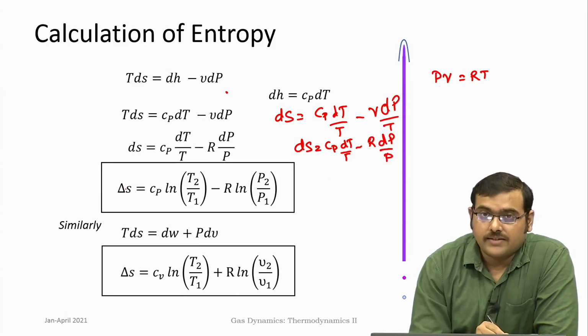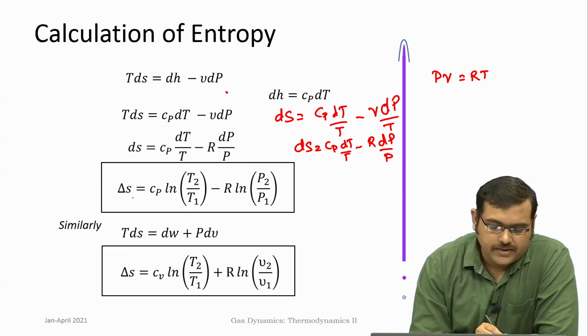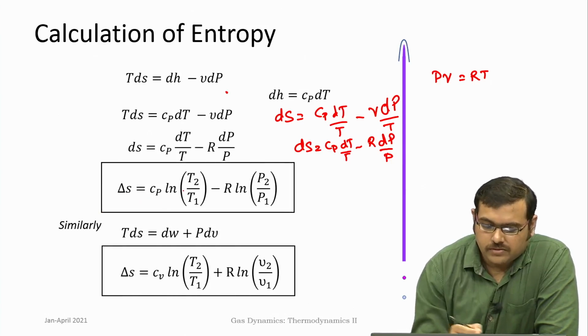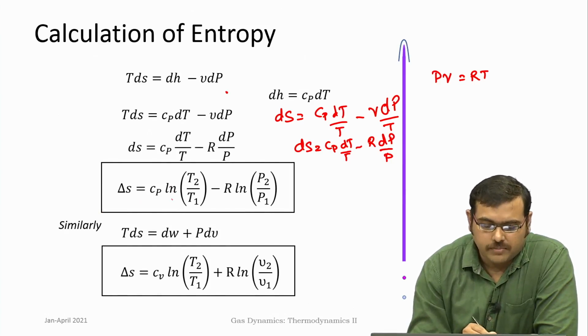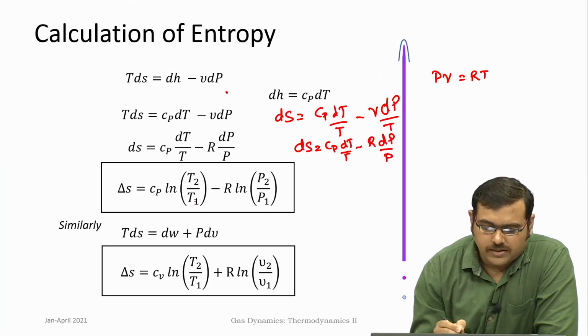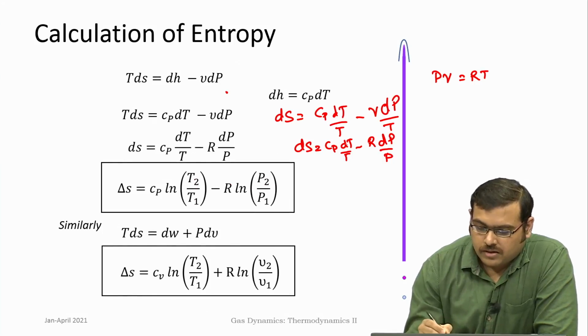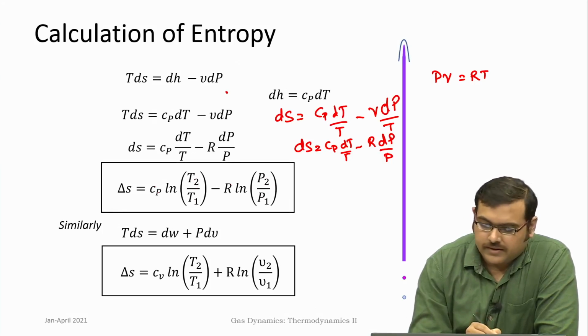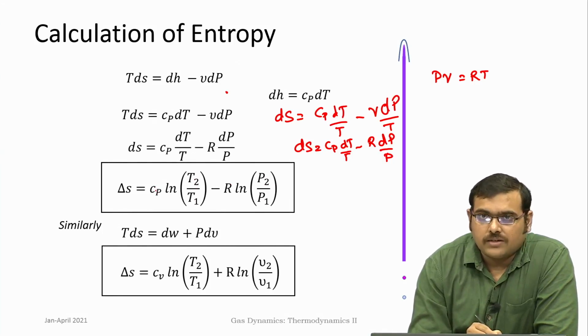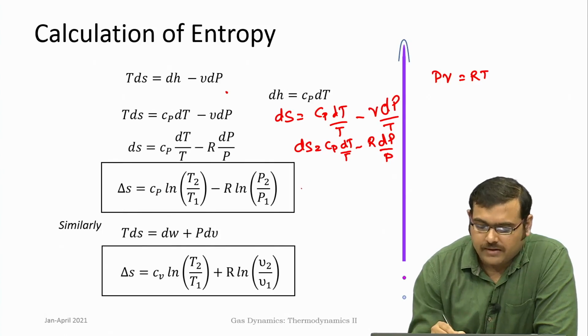You are looking at the change in entropy, delta S, the specific entropy, which is equal to Cp natural logarithm T2 by T1 minus R ln P2 by P1. Here of course you have taken that Cp is not a function of temperature, so this is valid for a calorically perfect gas, CPG.